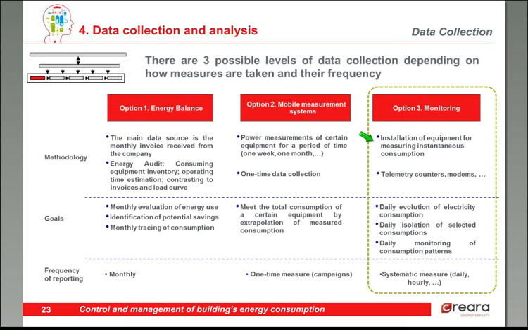The first one is essentially a simple energy balance, which means trying to understand the energy situation of the building or of the organization by reading and analyzing the energy bills, which arrive monthly. This, together with an equipment inventory and trying to estimate operating times of the different equipment, could generate a pretty good energy audit. Of course, it's not very fast. Of course, it's not very accurate, but it could be enough for certain situations.